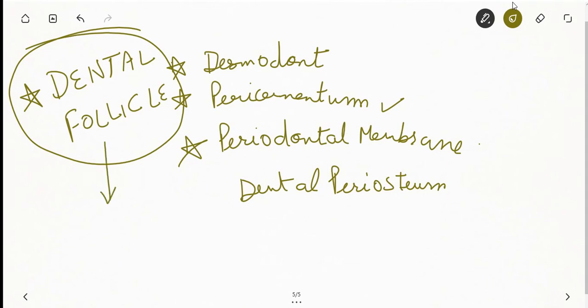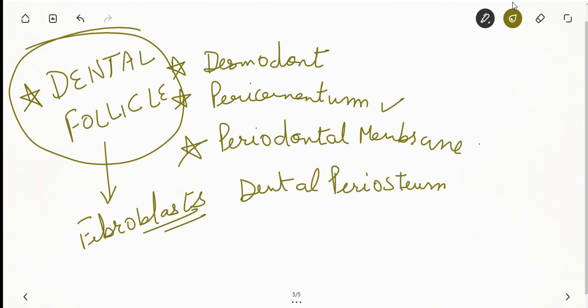So these cells differentiate into fibroblasts that synthesize the fibers and ground substance of the periodontal ligament. The fibers of the periodontal ligament are embedded in the newly developed cementum and bone as the tooth erupts.